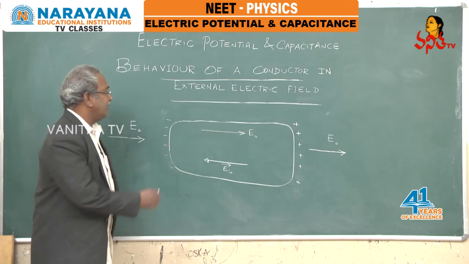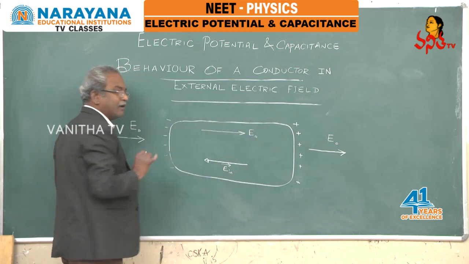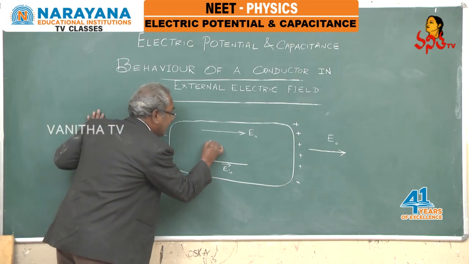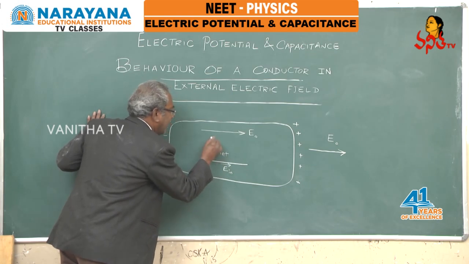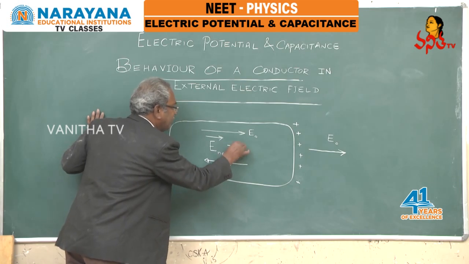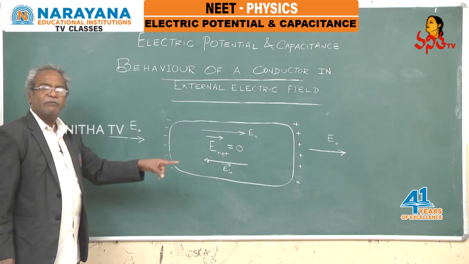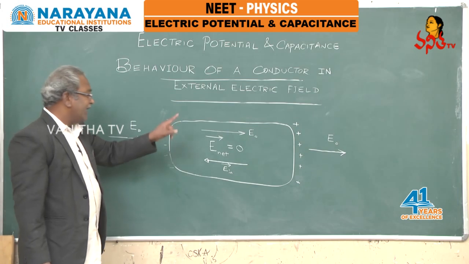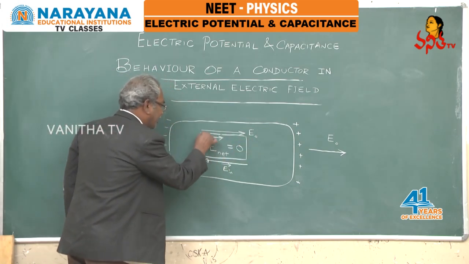Therefore, at any point inside the metallic conductor, the net electric intensity will be a null vector. In other words, the induced charge distribution takes place on the surface of the conductor such that the net electric intensity at any point inside it will be 0.